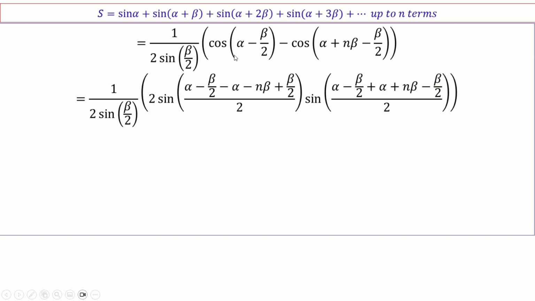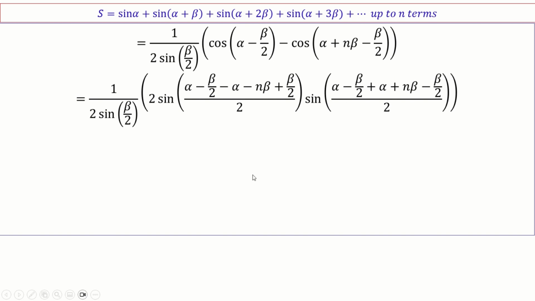Now, I am writing this in terms of 2 sine (a minus b) by 2 sine (a plus b) by 2. Correct? So this is my a, this is my b. First is (a minus b) by 2, sine of a is here, plus b by 2.